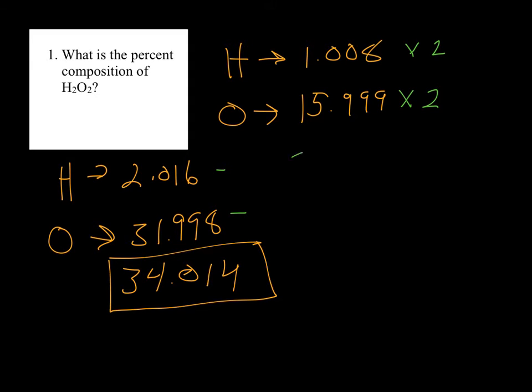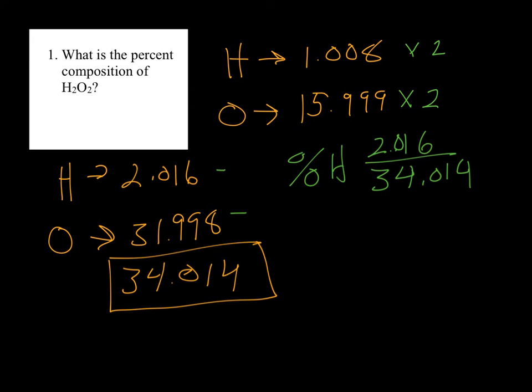So the percent hydrogen is going to be 2.016 divided by my total mass of 34.014. And then, of course, since it's a percentage, I have to multiply by 100.